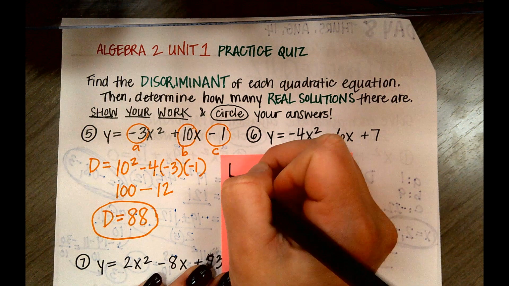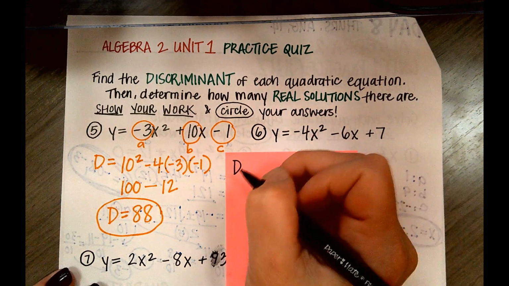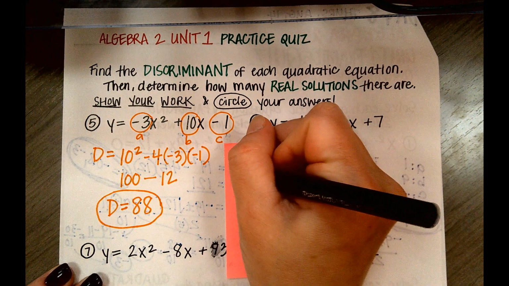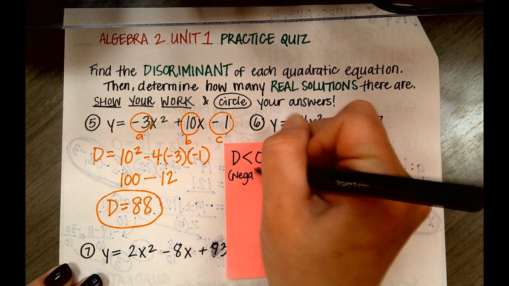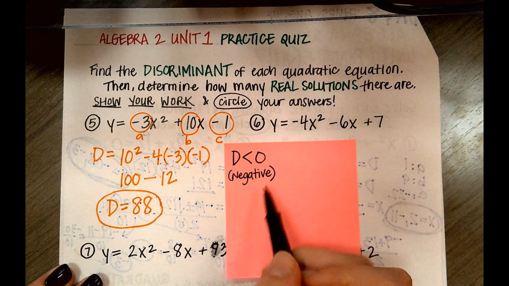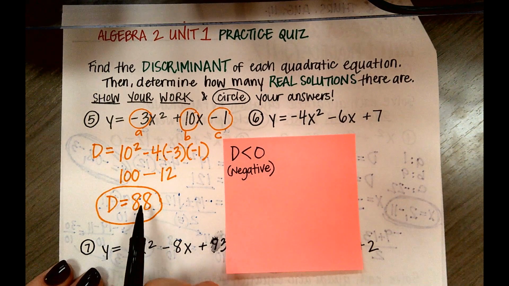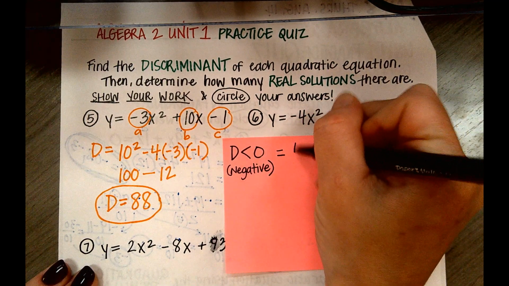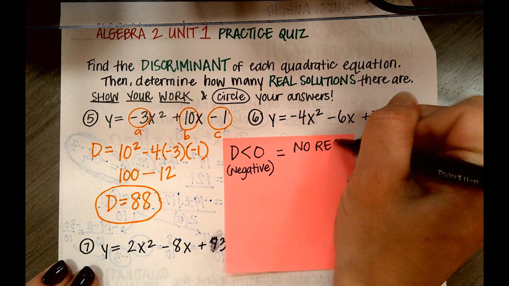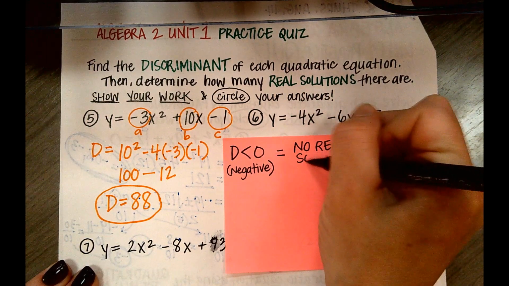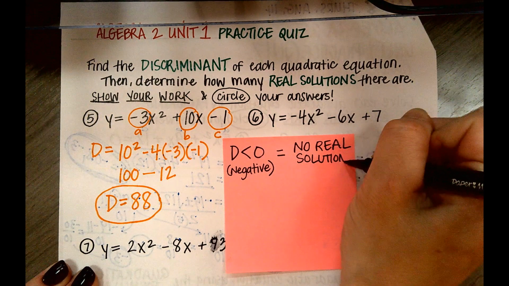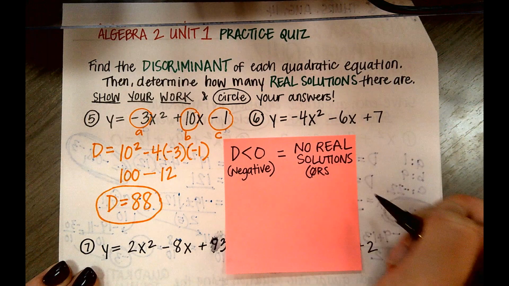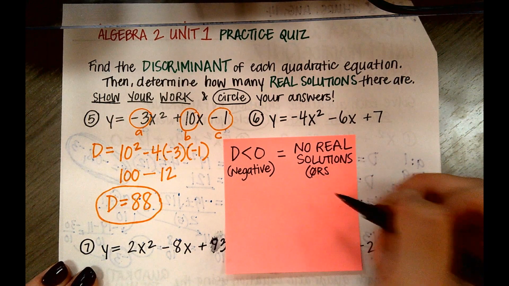So, whenever the discriminant is less than 0, which means you get a negative number, that means no real solutions. Or you could say 0RS for 0 real solutions. Or you could say NRS. I would accept any of those.